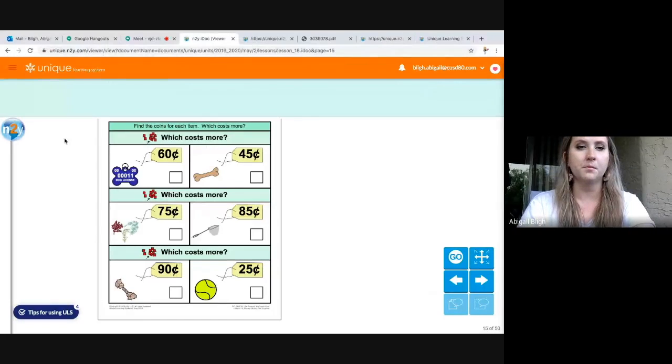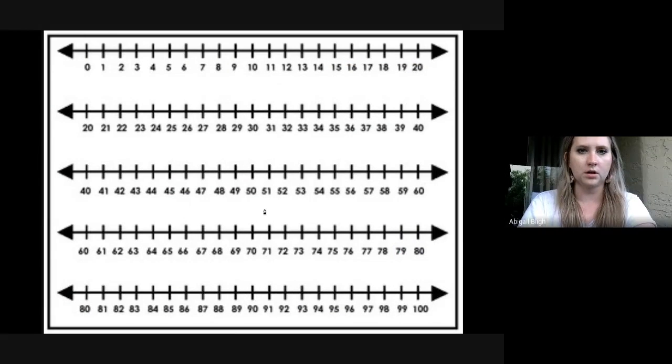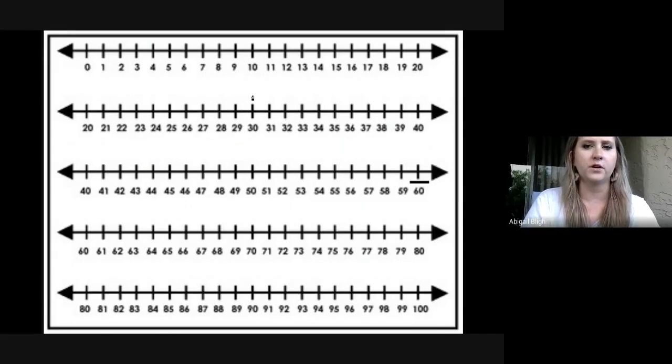So the first problem I'm looking at is 60 cents and 45 cents. Now, if you know this just by looking at the numbers, go ahead and choose which one you think is bigger. If you need some help, I'm going to show you with a hundreds number line, okay? All right, so here's my number line. Numbers were 60, so I'm going to put a line over 60, and 45.